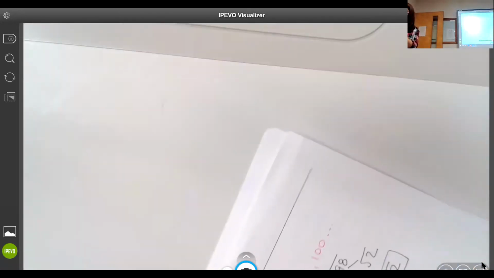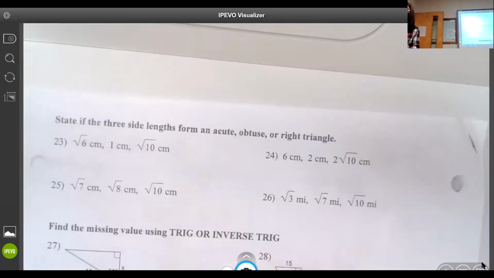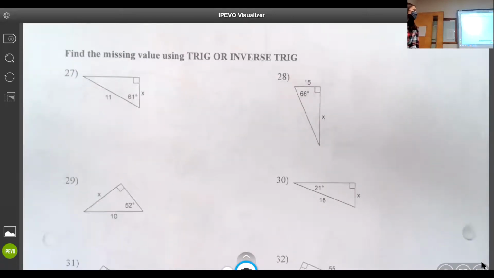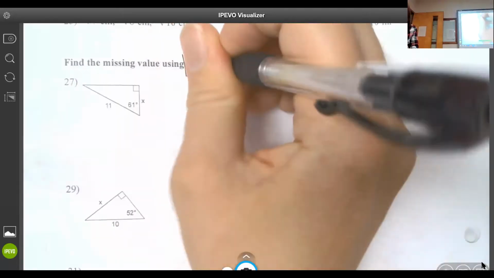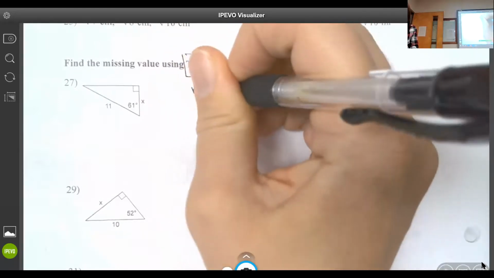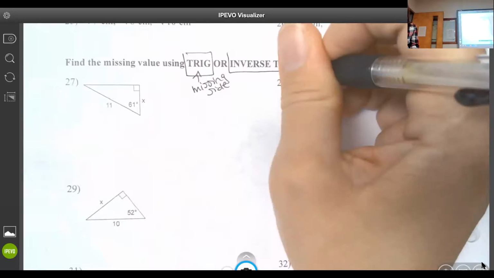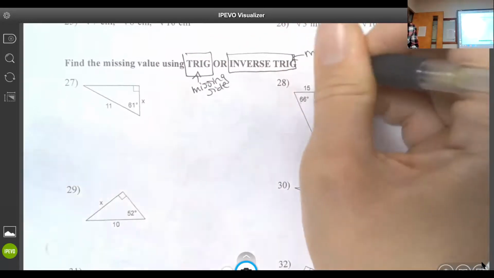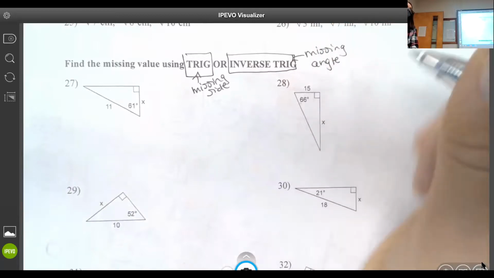It gives us a section. I'm going to skip this top part and go down to the bottom. And on this section, it says find the missing value using trig, which means we're missing a side, or using inverse trig, which would mean we're missing an angle. So that's how you determine which one you are using.